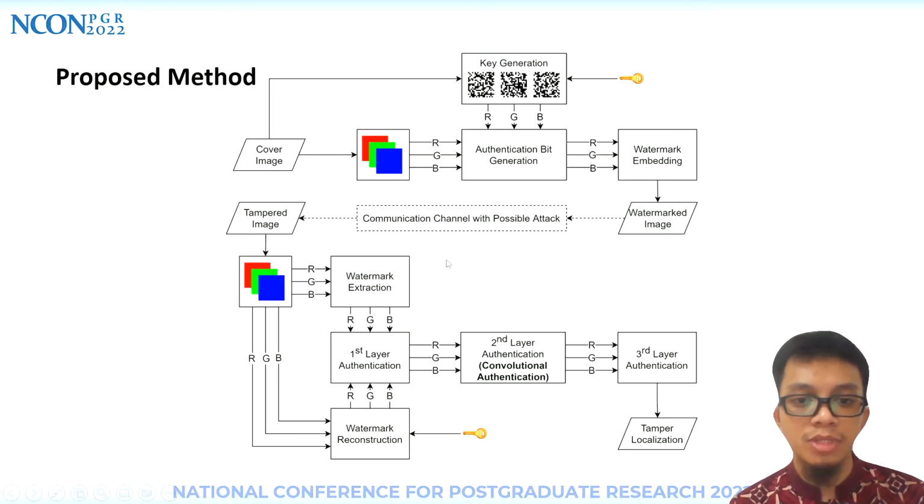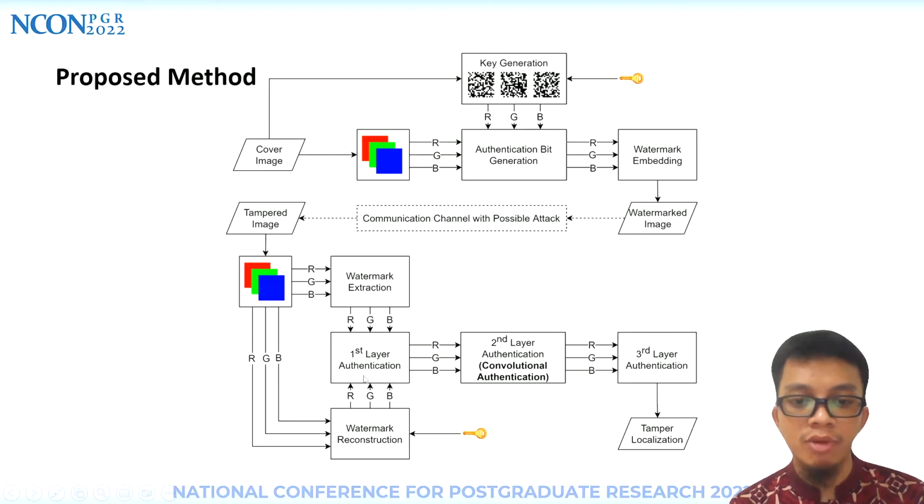In the extraction process, the tampered image is divided into RGB, and we extract the watermark data and also reconstruct the watermark. The reconstruction process is essentially the same as the watermark generation process here. And then we compare the extracted watermark and the reconstructed watermark.